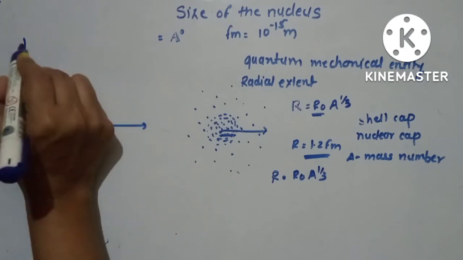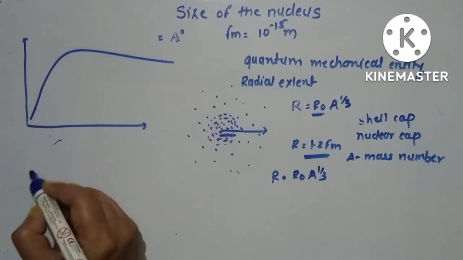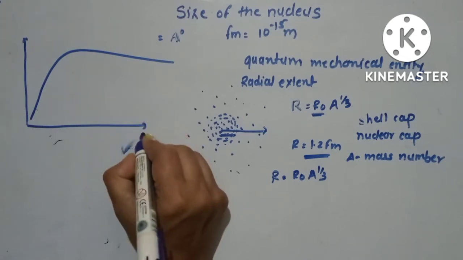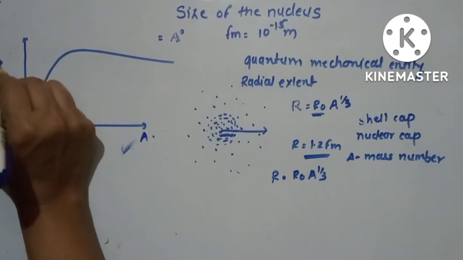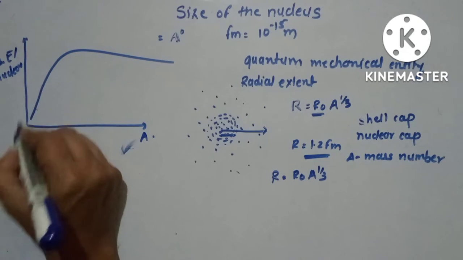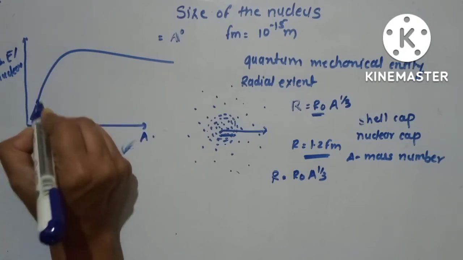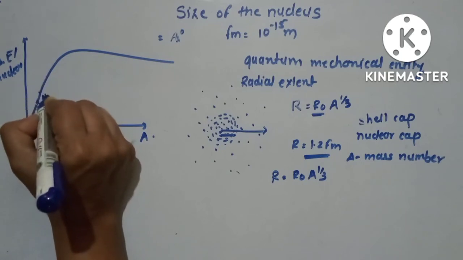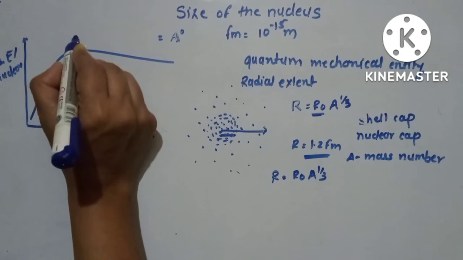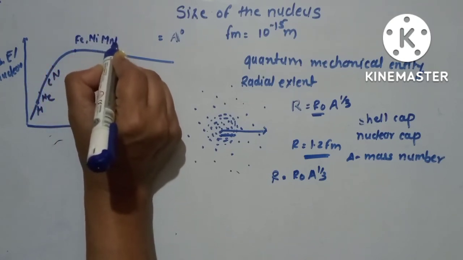Suppose this is a graph of the binding energy per nucleon. This is B per nucleon, and this is the mass number. On this graph, hydrogen and helium are lying over here, then carbon and nitrogen are somewhere here, and then Co, Ni, Mn, Fe.